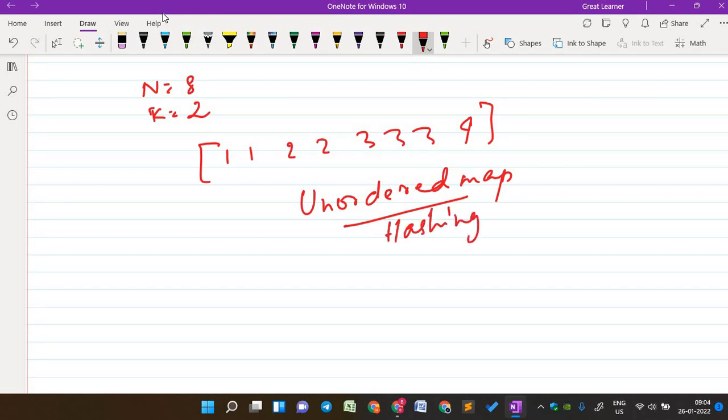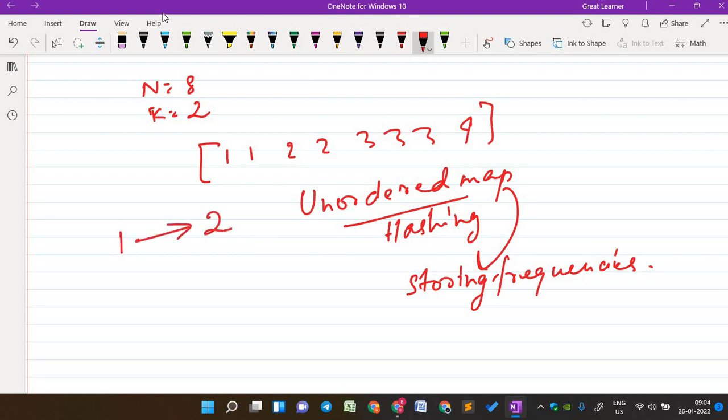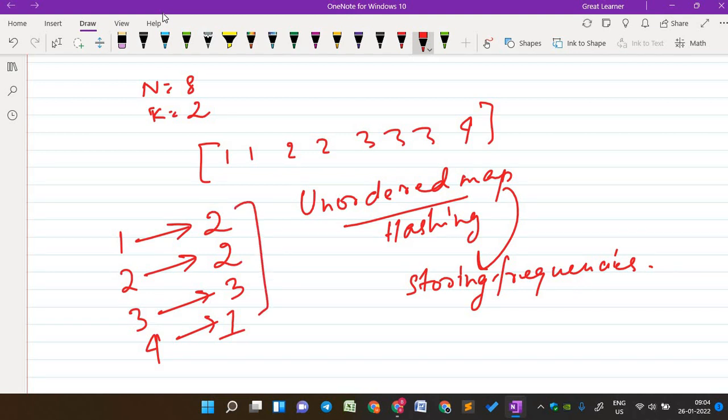In this unordered map we are storing frequencies. For 1 the frequency is 2, for 2 the frequency is 2 again, for 3 the frequency is 3, and for 4 the frequency is 1.